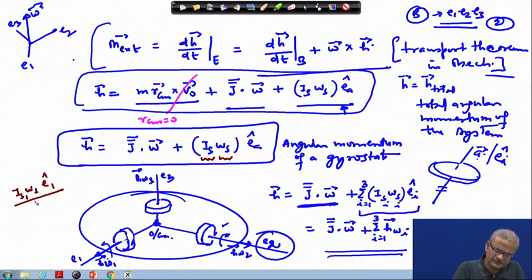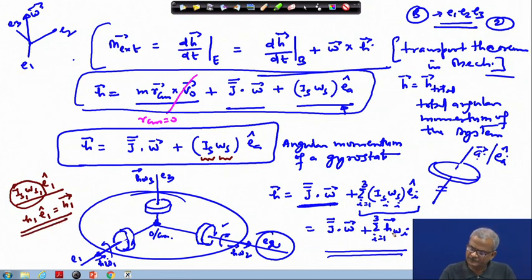So, first direction spin along the first direction, like this we can write, and this is the term which we have written as H 1. And H 1 multiplied by E 1 cap we are writing as H 1, or we have given this notation H W 1, because this is for the wheel. W stands for the wheel.